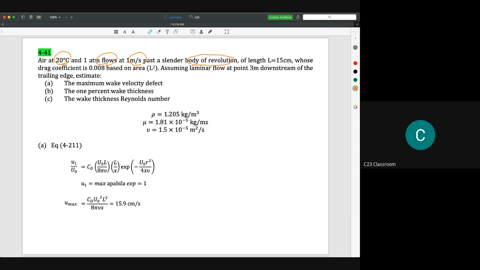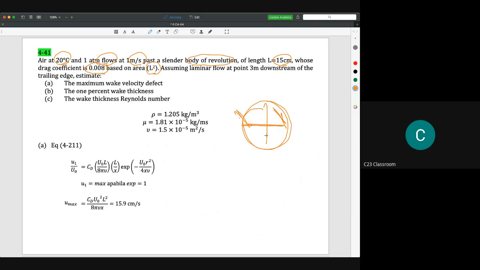Its length is 15 centimeters, whose drag coefficient is given here as 0.008, and assuming L squared. Perhaps this is a sphere, and we have the L here times 2L.